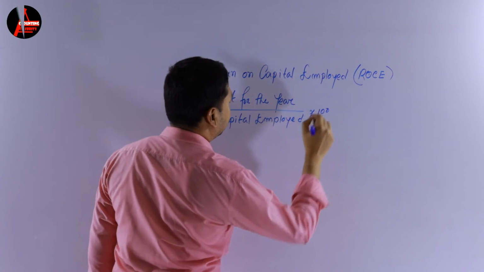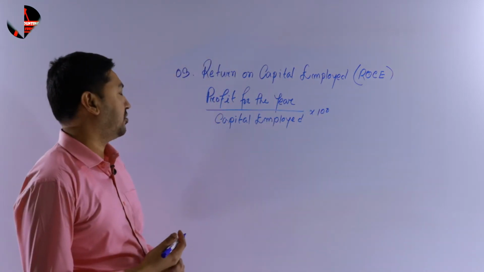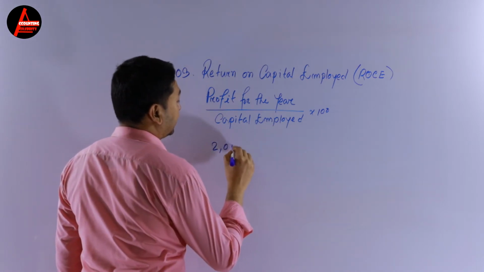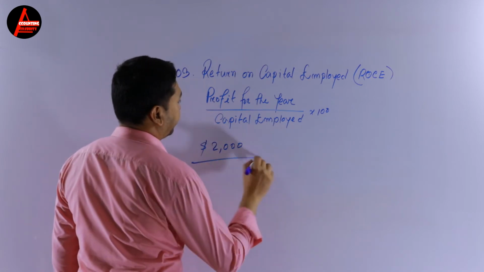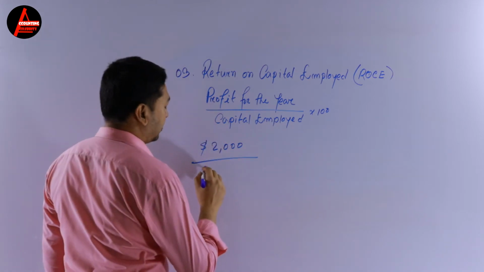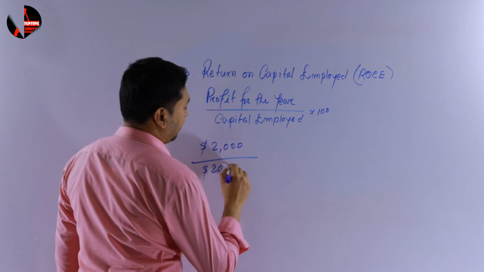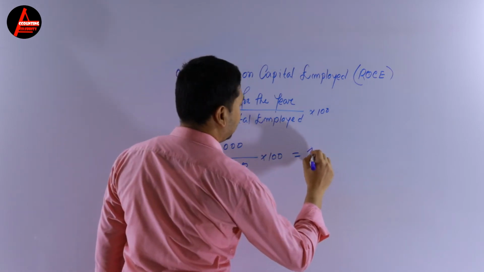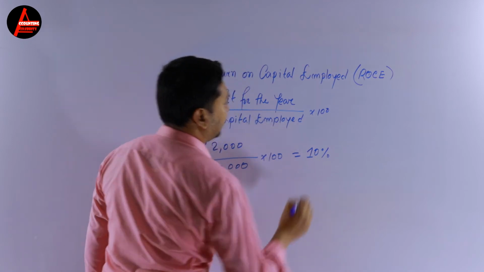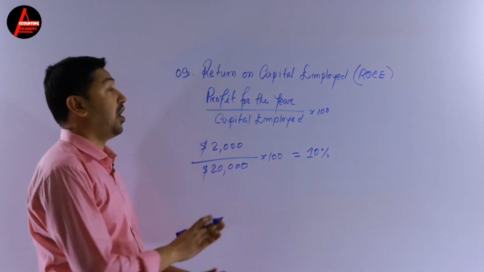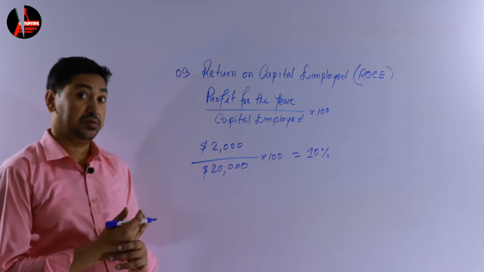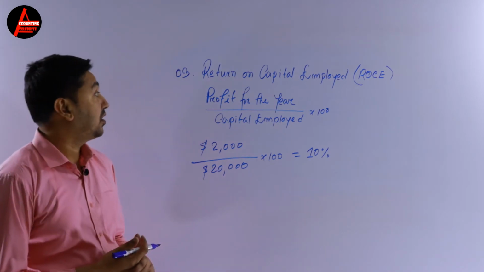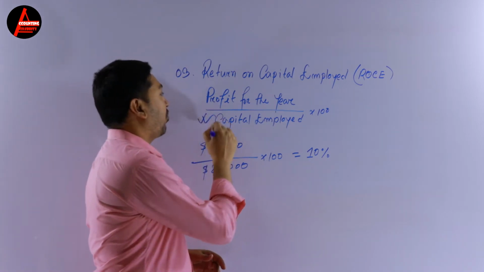For example, your profit for the year is $2,000. Your capital employed is $20,000. Multiply by 100. So what is your answer here? 10%. That works if you have this information available in the question. But how to calculate your capital employed?